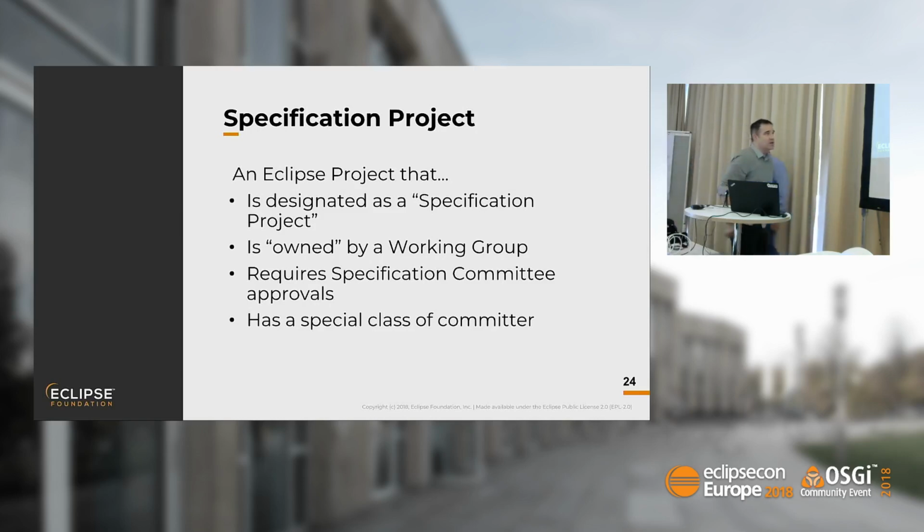So we've introduced the notion of a specification project. It's a special type of project that is designated as a specification project. It's owned by a particular working group. So we have an alignment there where specification projects are part of a single working group.